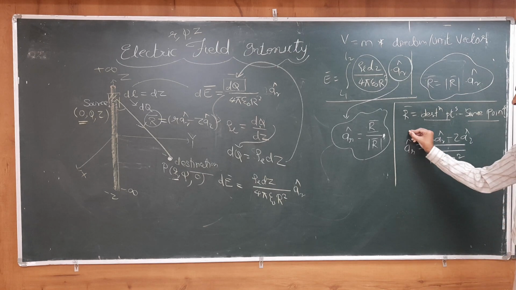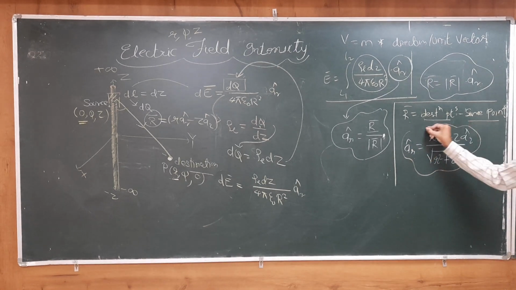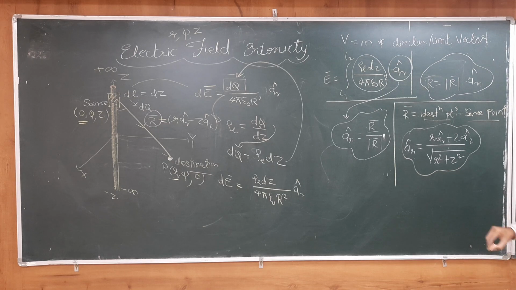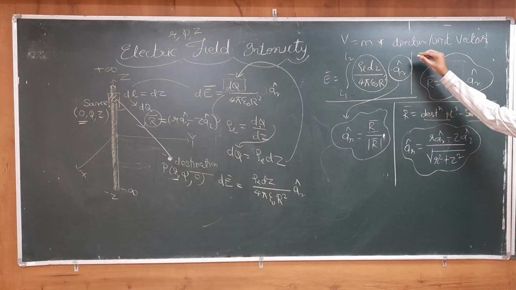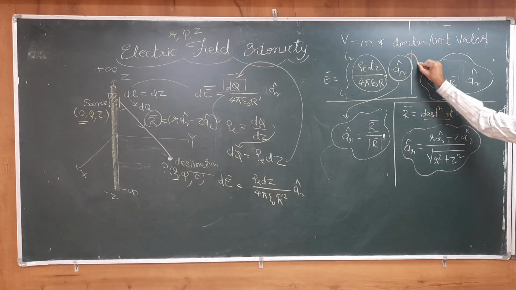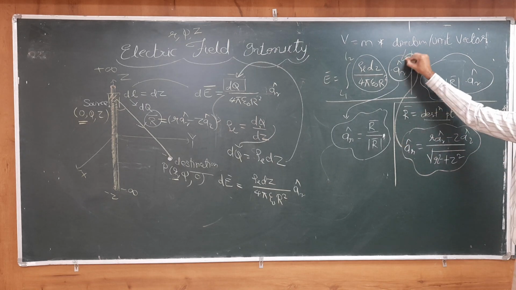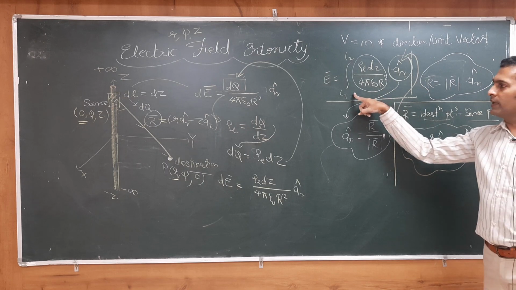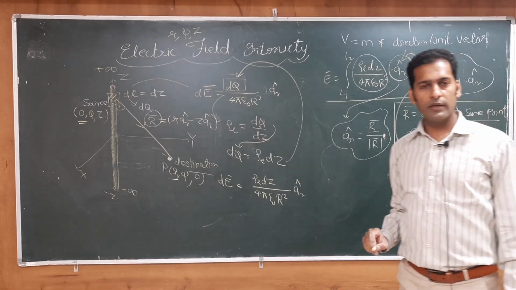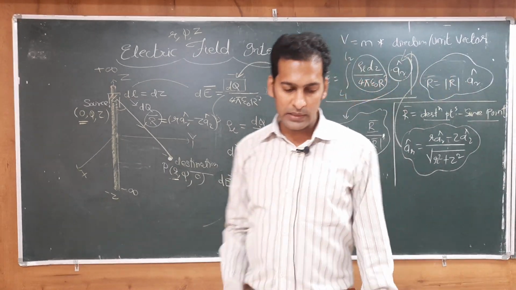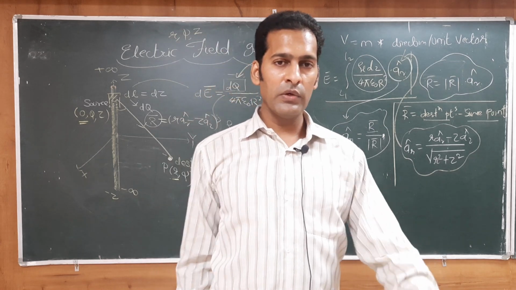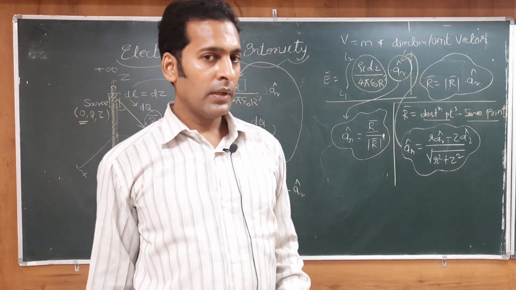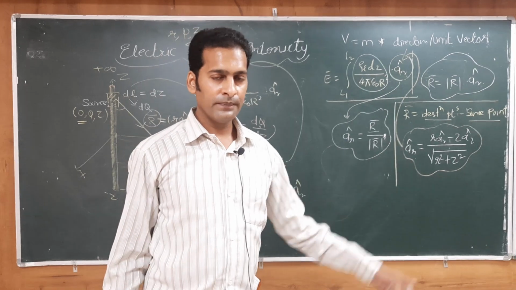So the unit vector ar cap is r bar divided by this mod, and we have to put this ar cap in place of the earlier ar cap. Once we write it here and put the limits, we can find the electric field intensity for an infinite line charge. The further derivation we will continue in the next session. Till then you practice this derivation. Have a good day.